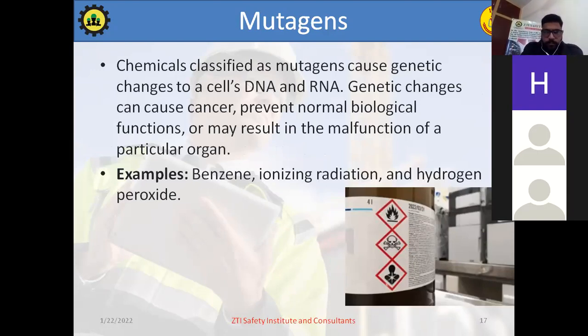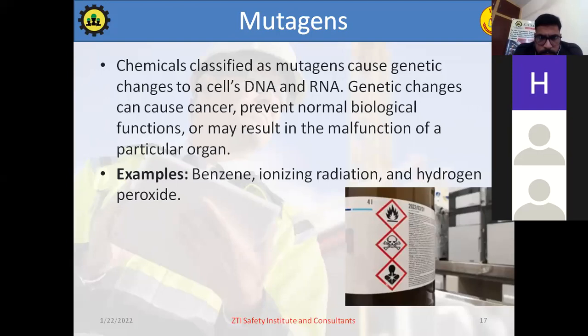So these are the chemicals which, as the name indicates, are mutagens. They are very, very dangerous in that they can cause genetic changes and genetic disorders, which can pass through generations and generations. As you might know, genetic disorders are not curable in most cases, so these are very severe kinds of chemicals.